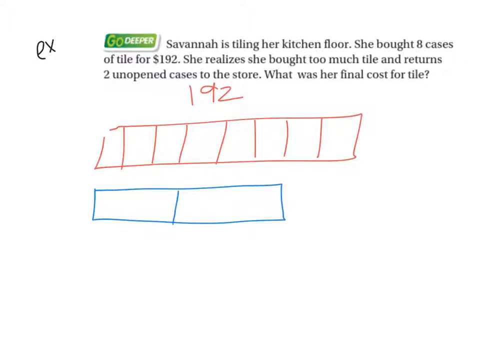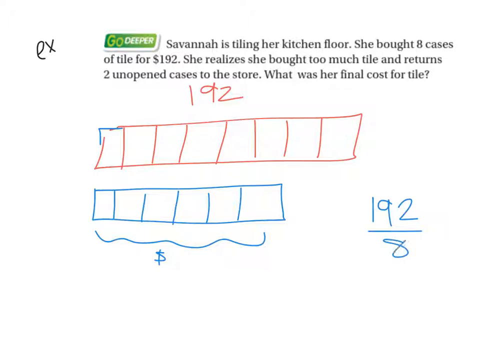So we want to know how much this cost for the 6 cases. We know that 8 cases was $192. So if we find out how much 1 box of tile is, then we can find out how much 6 boxes of tile are. So if I have 192 over 8, I find the unit rate by dividing by 8.